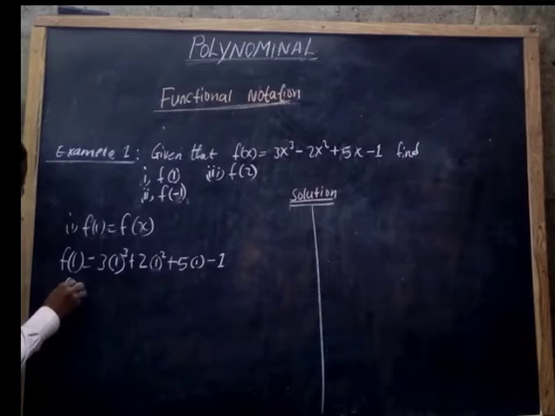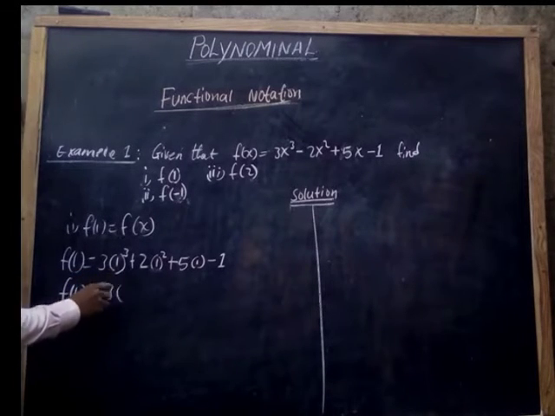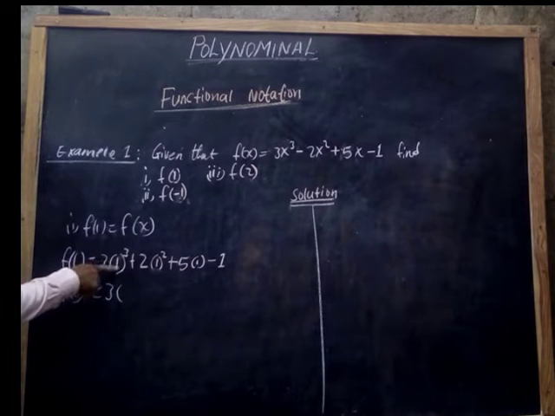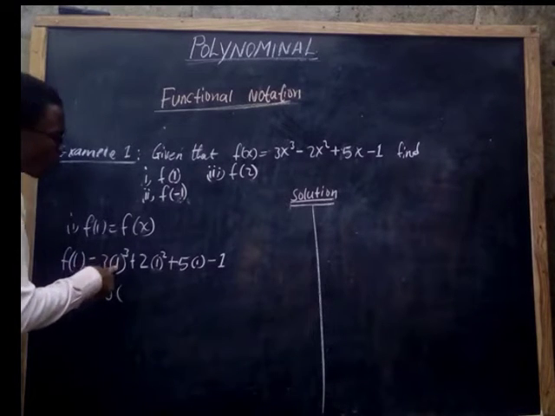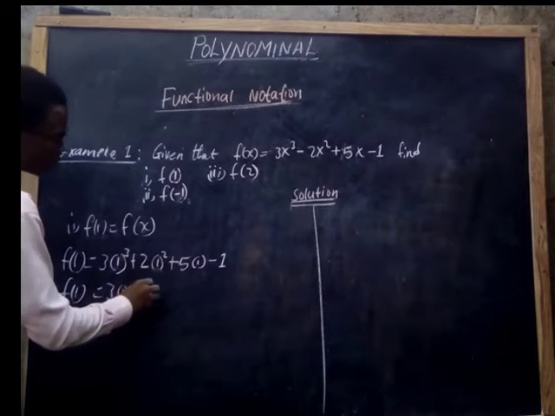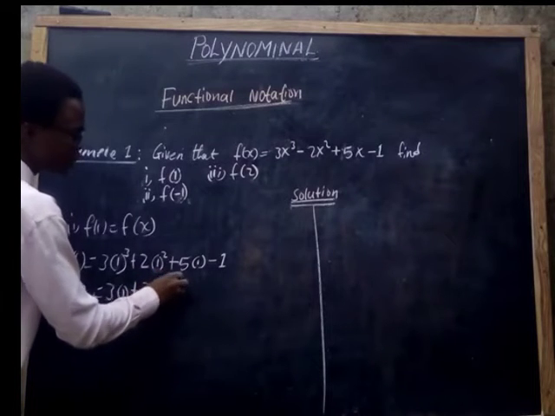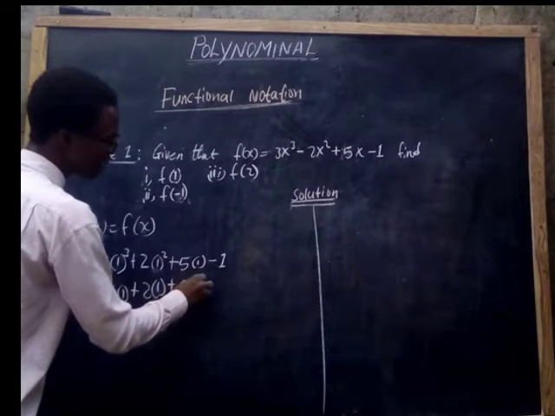So f of 1 is equal to 3 bracket 1 cubed, plus 2 bracket 1 squared, plus 5 times 1, minus 1. 1 raised to the power 3 is just 1, and 1 raised to the power 2 is just 1. 5 times 1 is 5, minus 1.